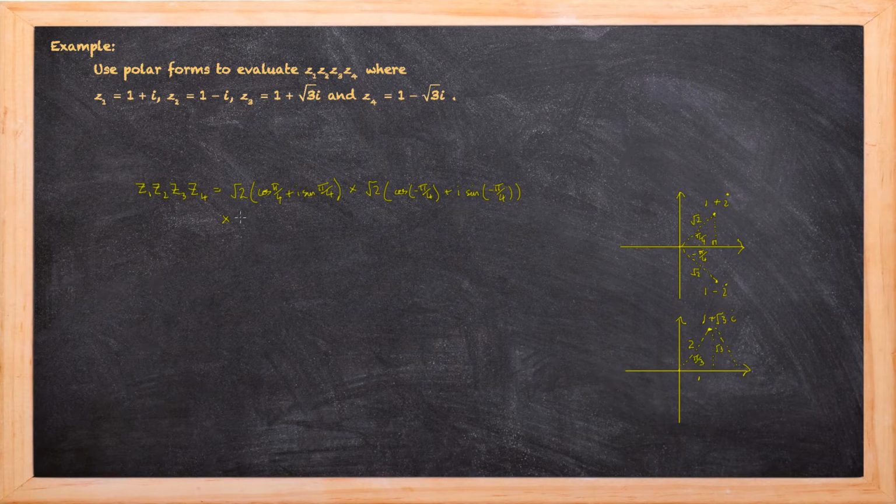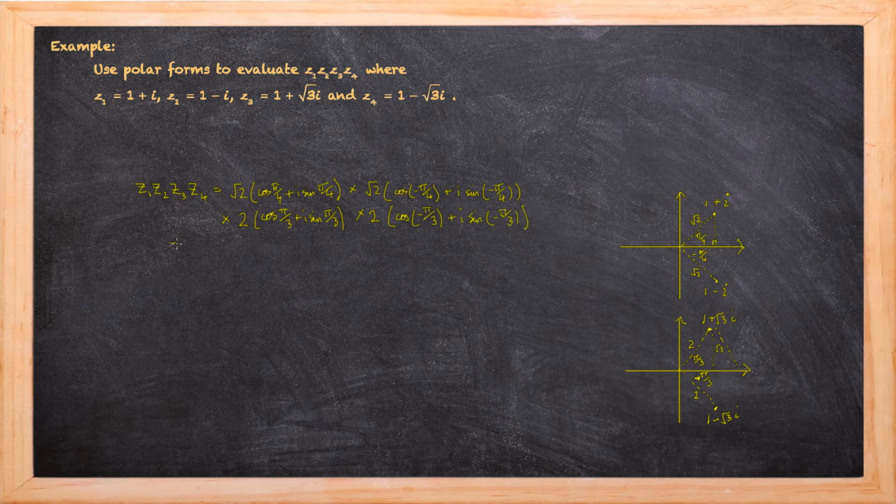So 2 and pi upon 3 for the modulus and the argument. And then finally 1 minus root 3 i, and again that's the mirror image of the previous one in the real axis. So again it'll have a modulus of 2 and an argument of negative pi upon 3. So there's our final polar form, this one for Z4.